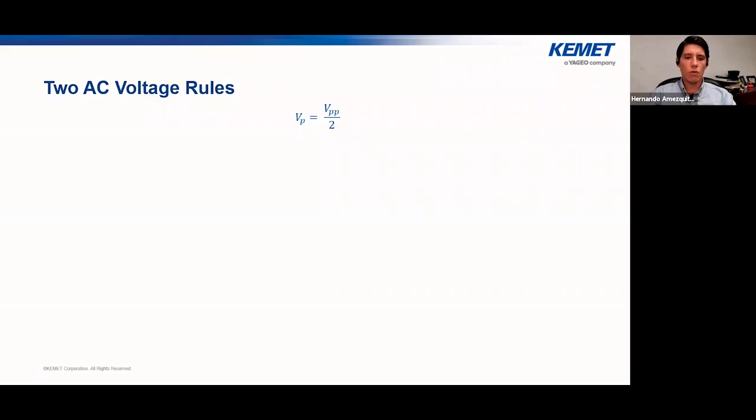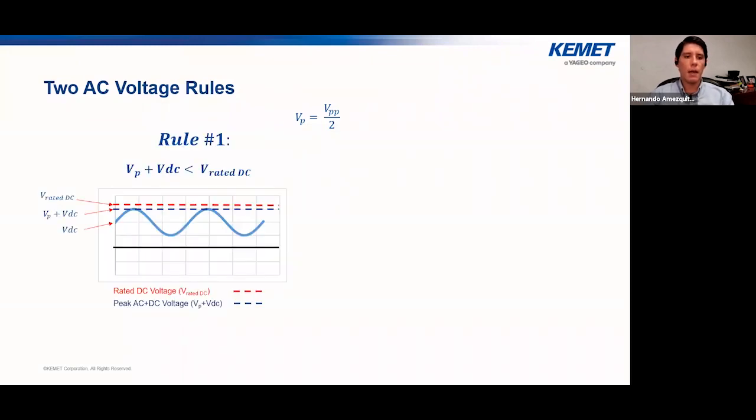Rule number 1 says that the peak voltage of the AC waveform plus the DC voltage must be less than the rated voltage of the MLCC. So we have the peak voltage plus the DC voltage, and the DC rated voltage of the MLCC marked in red, as you can see in the graph. In a real case scenario, let's suppose that the peak voltage plus the DC voltage is 170 volts. That means the capacitor that we choose needs to be DC rated above those 170 volts, right?